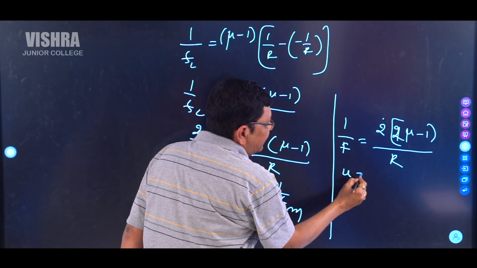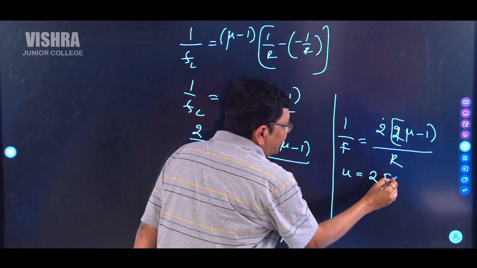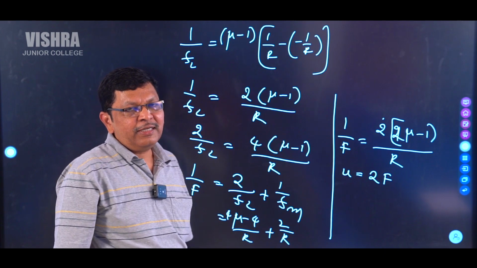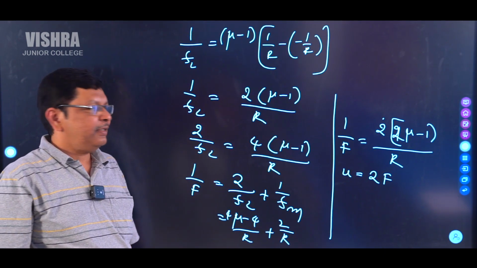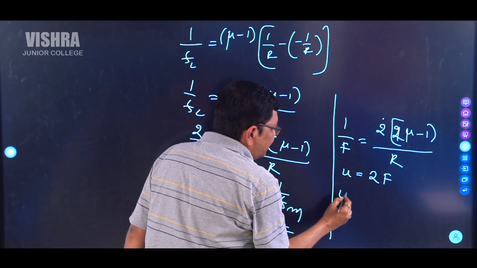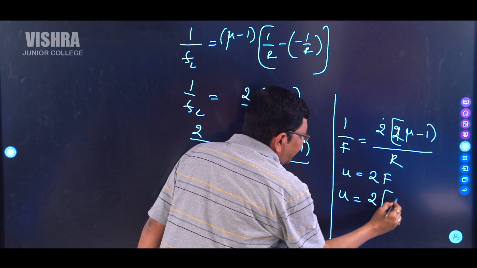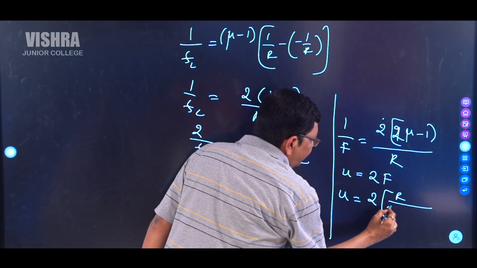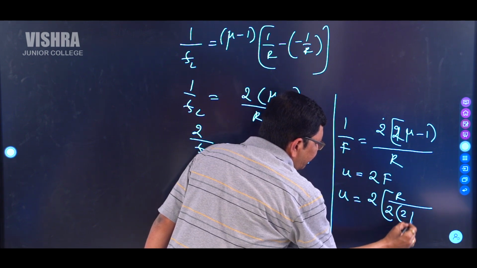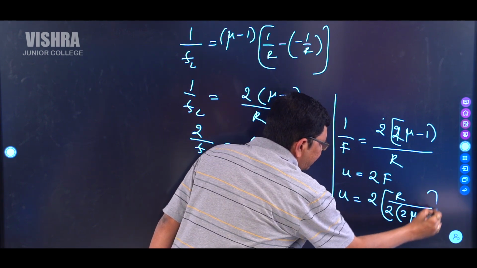When the object distance is 2 times the equivalent focal length, in case of a mirror, image and object both will coincide. Hence, the object distance will be 2 times the focal length. That is 2 times r upon 2 into 2 mu minus 1, so 2 balances with each other.